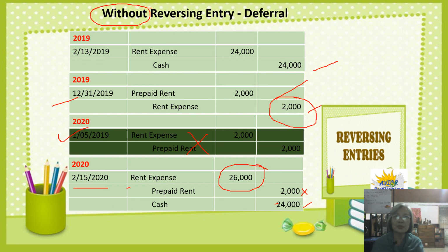So, yun yung purpose ng reversing entry. Para hindi ka na mag-iisip on the subsequent year kung ano-ano nga ba yung mga adjustments na ginawa mo on advance payment using expense method and advance collection using income method. I hope you get this one.